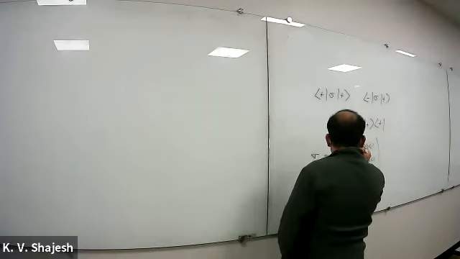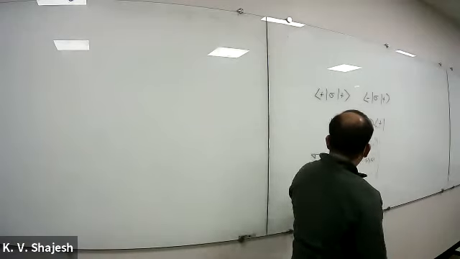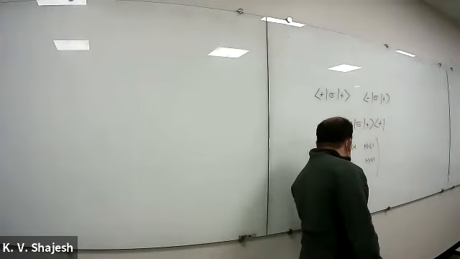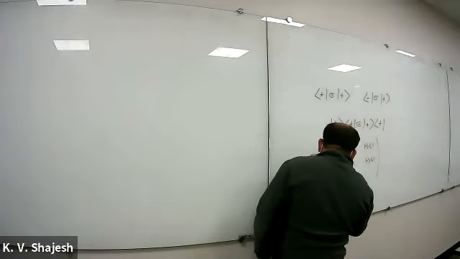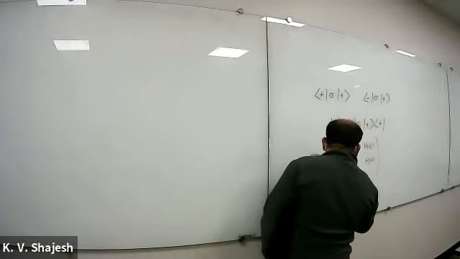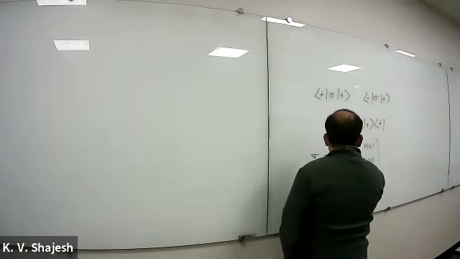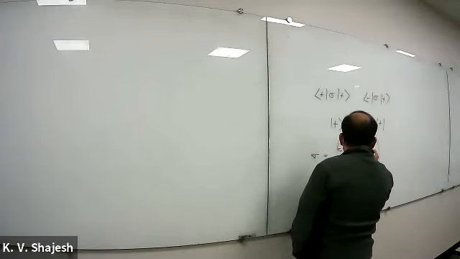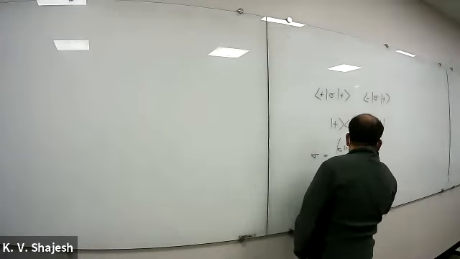Shouldn't the components be inner products? No, these are not components, these are ij's. Like now, components of this A: Ax and Ay. Let's call these sigma plus plus, sigma plus minus, sigma minus plus, sigma minus minus.